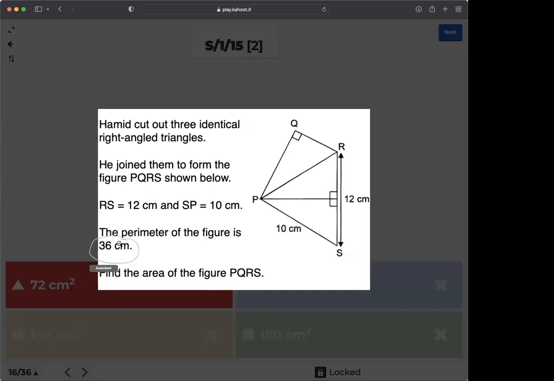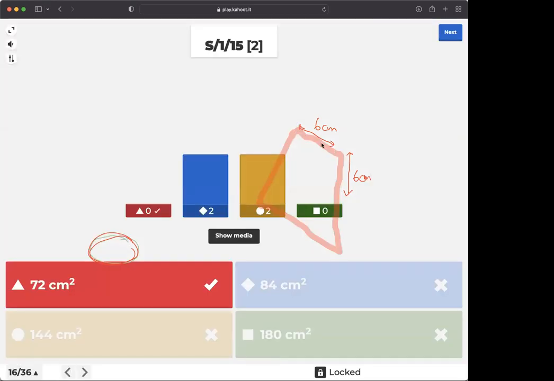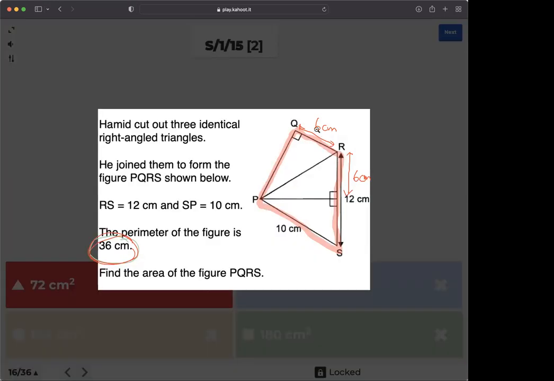You know that the base is half of 12 cm, so it's 6 cm. So this is also the base. This is also 6 cm. So this whole thing is 36. So 36 minus 10 minus 12 minus 6. What will be the answer here?